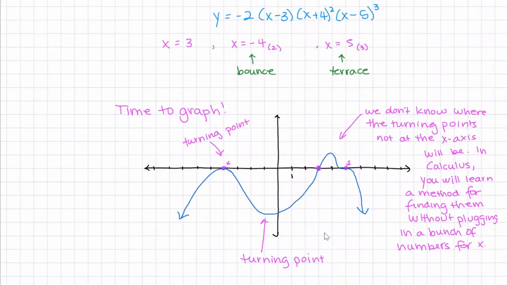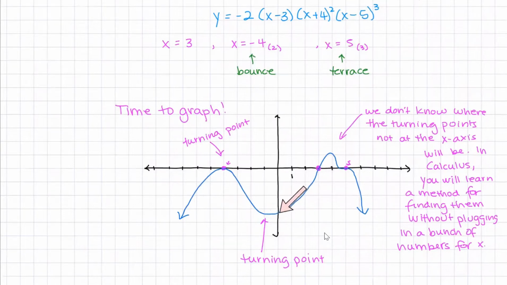Now, because of that, on polynomials I'm not going to focus on the y-intercept. It would be really easy to find the value of the y-intercept, because all we'd have to do is let all these x's equal 0 and work it out. But I don't want you to do that, because I think it's a waste of time.